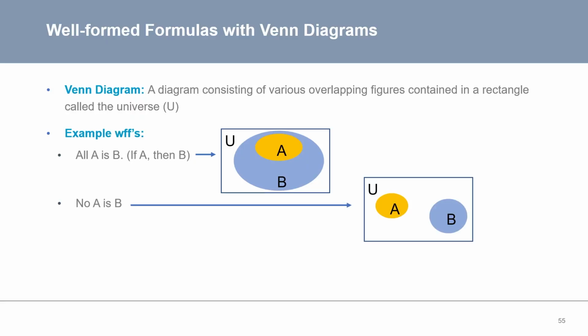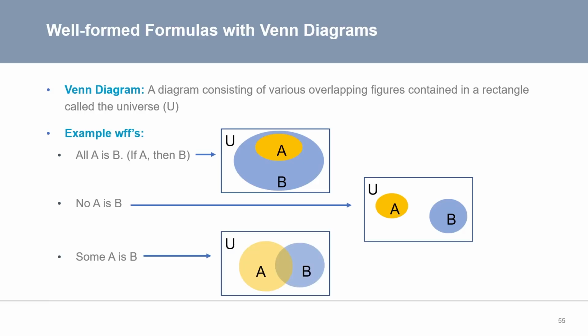And our second example, we have no A is B, which in our Venn diagram means that A and B are completely separate. And our last example states some A is B, which we see visually represented as the circles A and B partially overlapping.